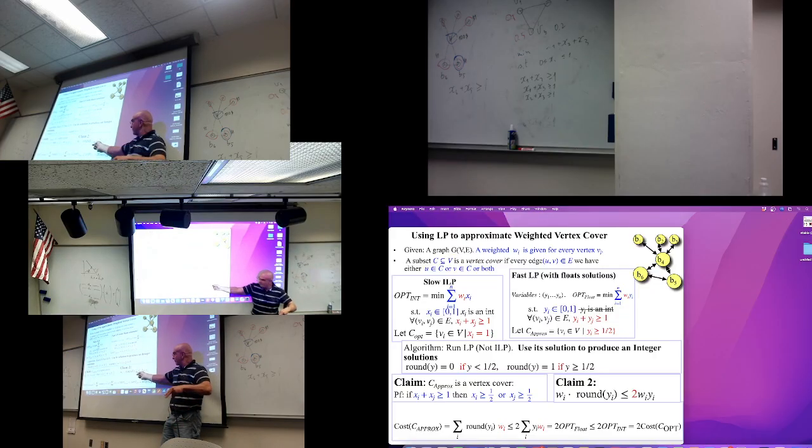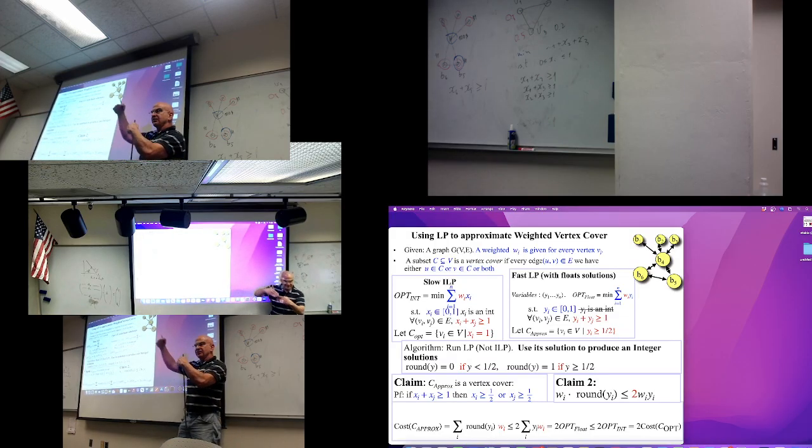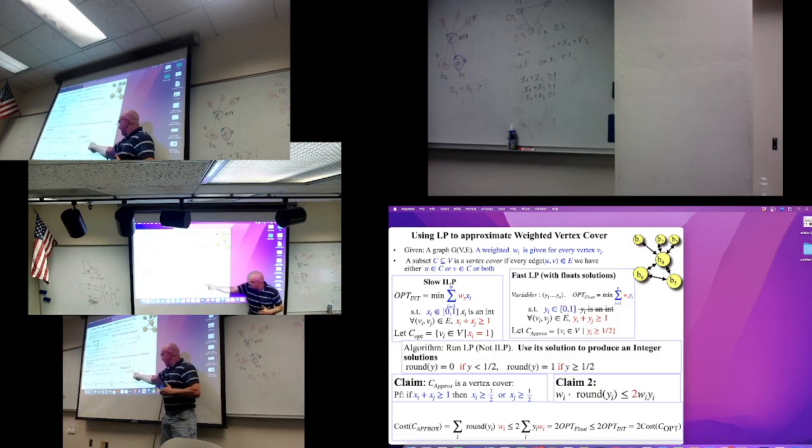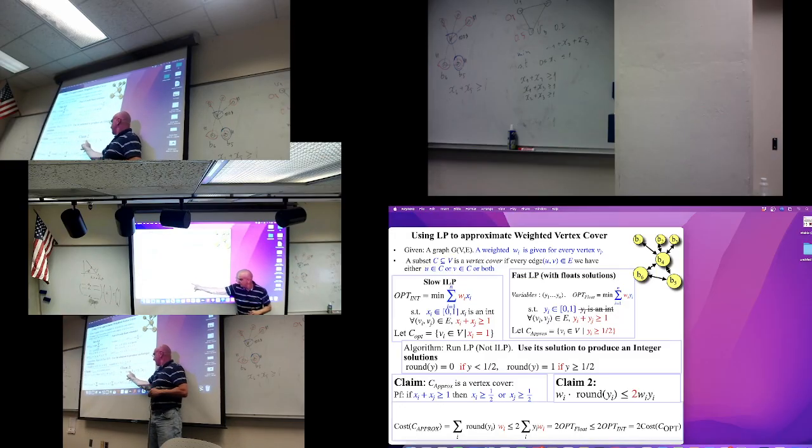I push it up only if yi is more than half, meaning that I at most double it. The gap from 0.6 to 1 is obtained by multiplying by less than 2. The gap from 0.3 to 1 is more than 2, but 0.3 is not pushed up, it's pushed down. Everybody buys it?